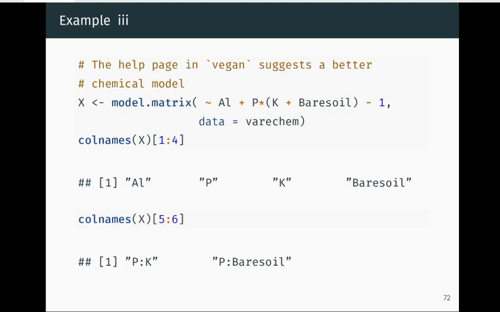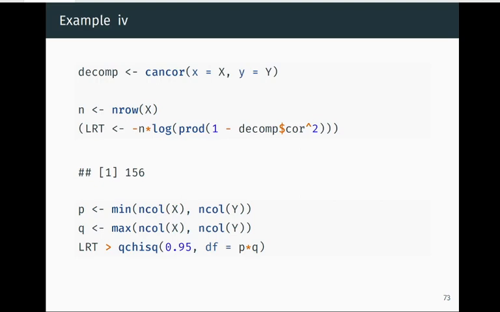We also have two interaction terms: an interaction between phosphorus and potassium, and an interaction between phosphorus and bare soil. So now X is a matrix with 24 rows, just like Y, and 6 columns. We can do CCA on X and Y, and we can store the output in decomp.